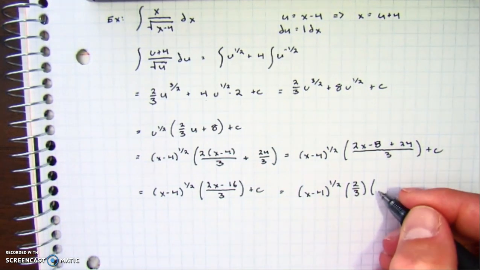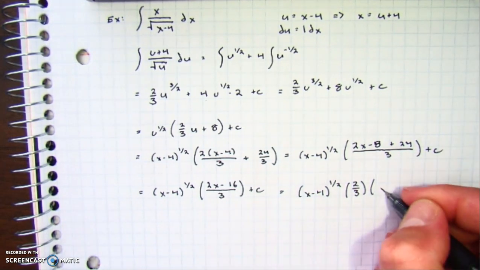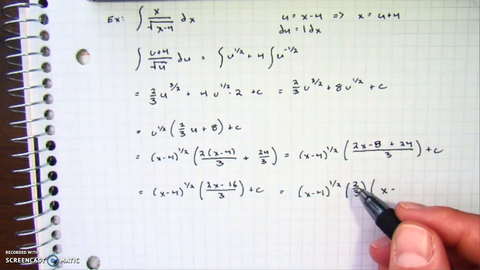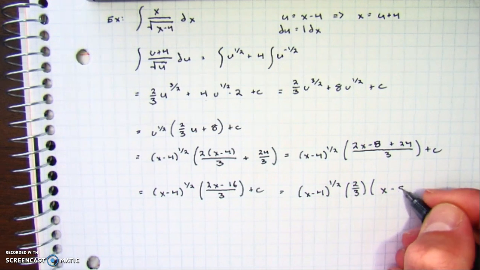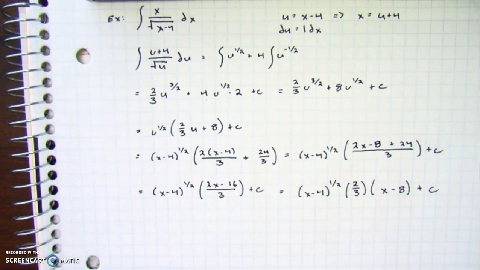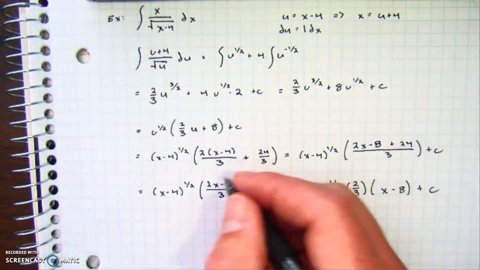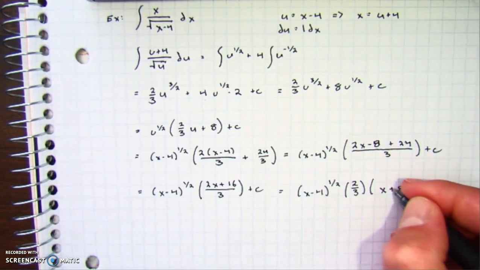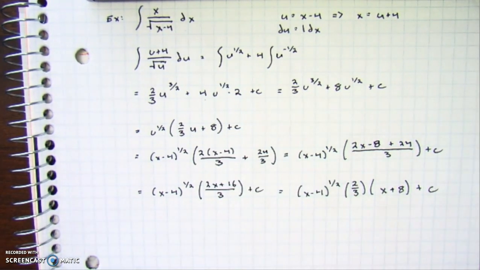Then that's going to leave me with, take a 2, so that's x minus 8 plus c. Oh, that's not going to be minus, that's a plus, I'm sorry. So there's the second mistake. All right, so that's a plus.